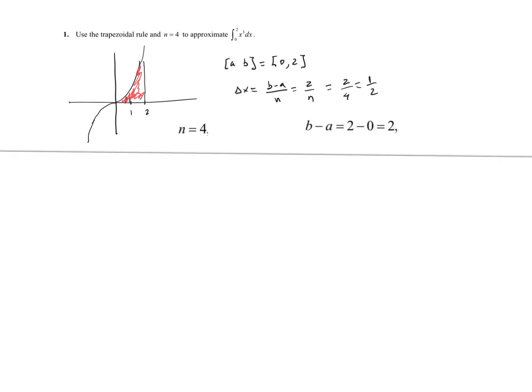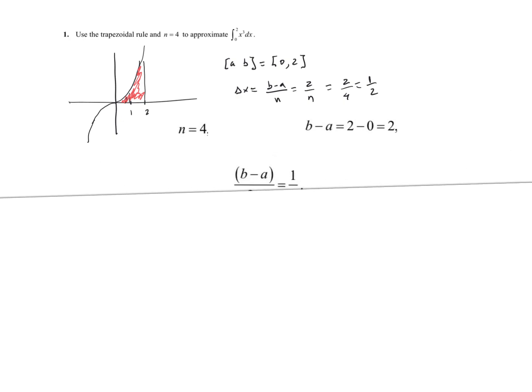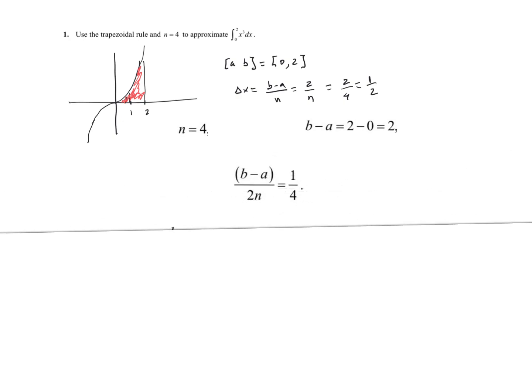In this case, n equals 4, b minus a equals 2. And b minus a divided by 2n, because there are n parts and delta x is 1/2, so because there are 4 parts, b minus a divided by 2n is 1/2 of 1/2, which is 1/4.